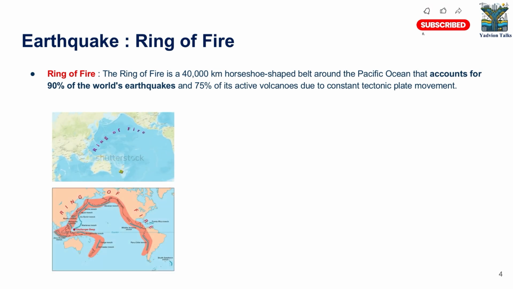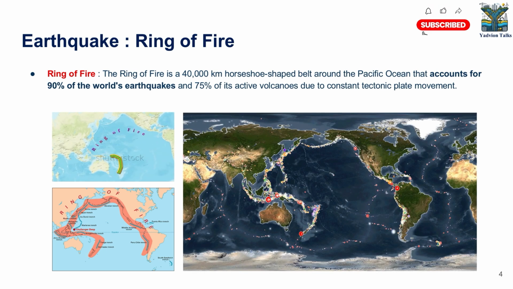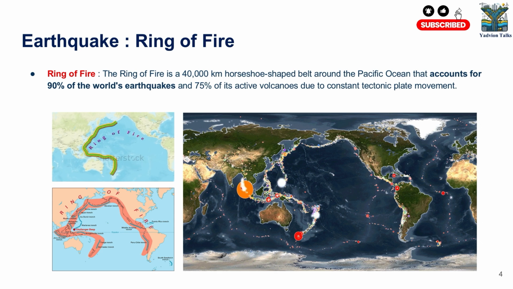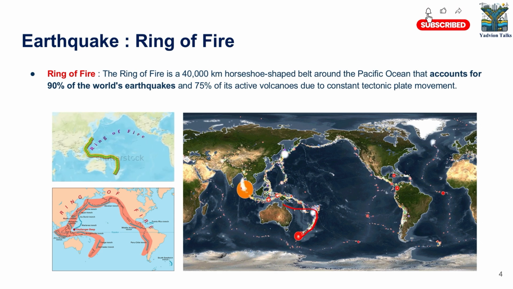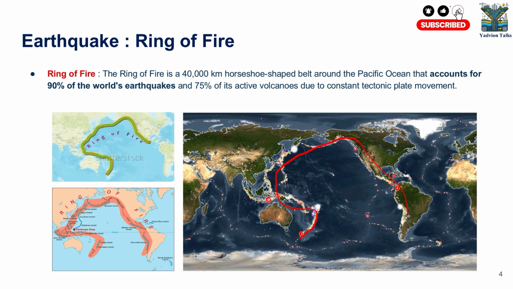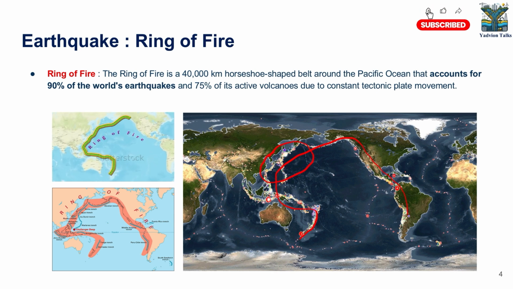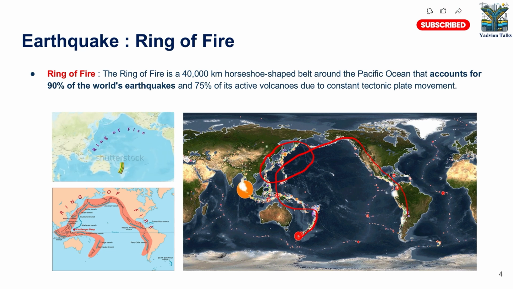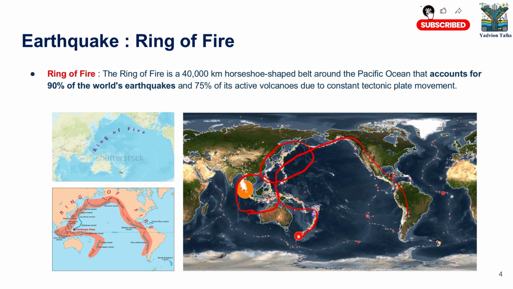So this is very active geology around the ring of fire. This animation depicts the magnitude of earthquakes which occur all along the ring of fire. The maximum earthquakes come in this area near Japan and in the Indian subcontinent.